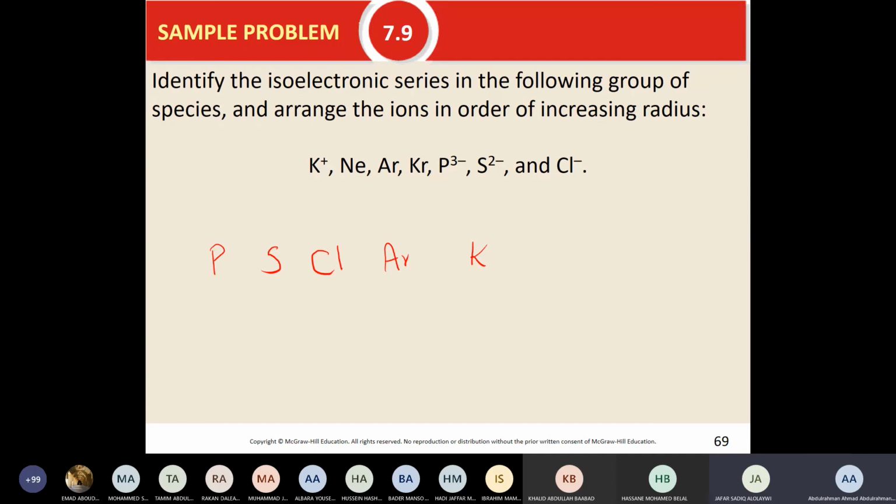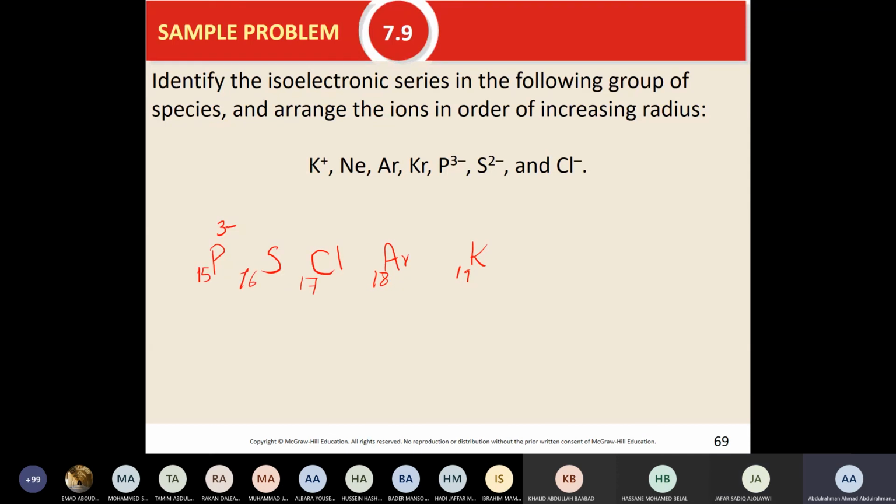Good. If we have phosphorus 3 minus, how many total electrons do you have? 18. Don't forget that phosphorus is 15, then 16, 17, 18.